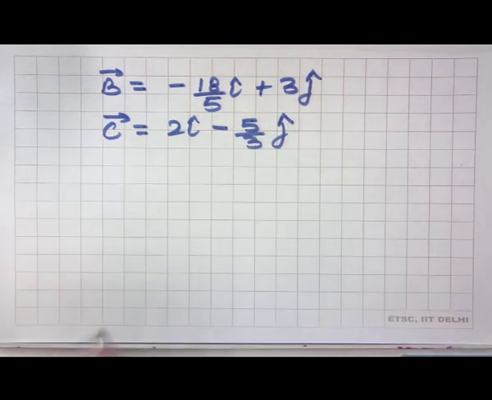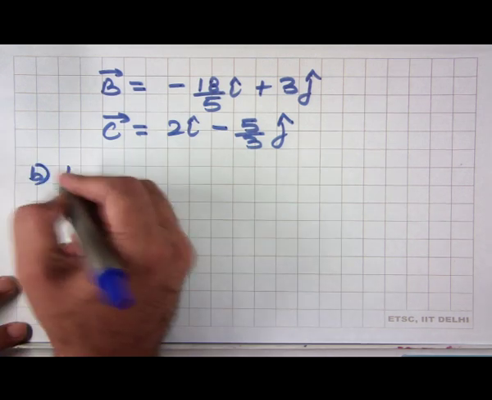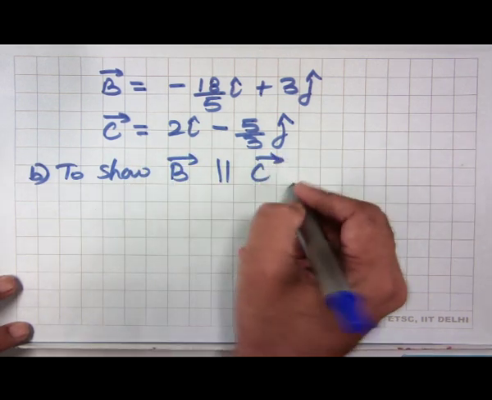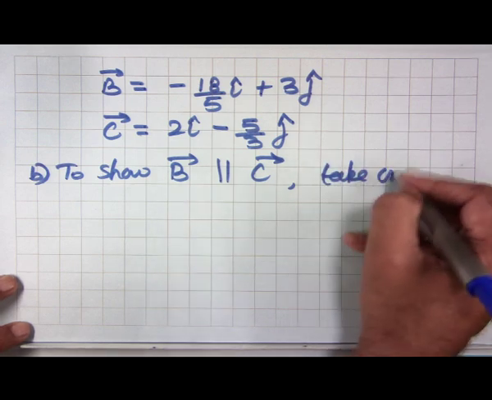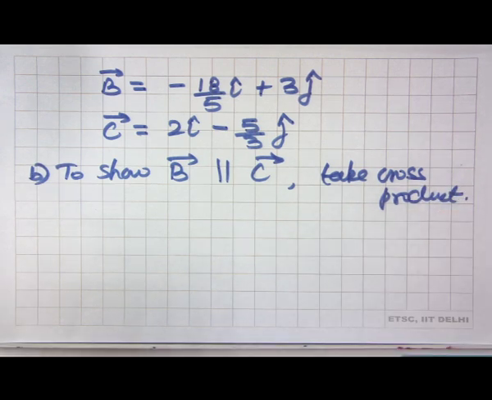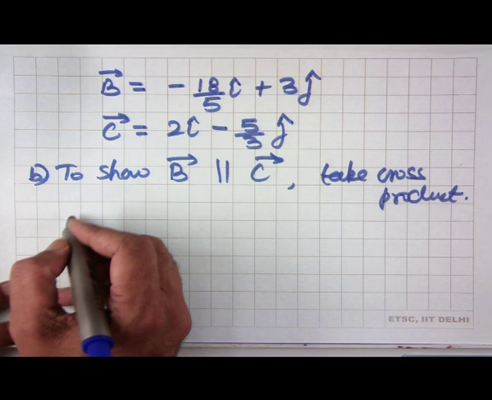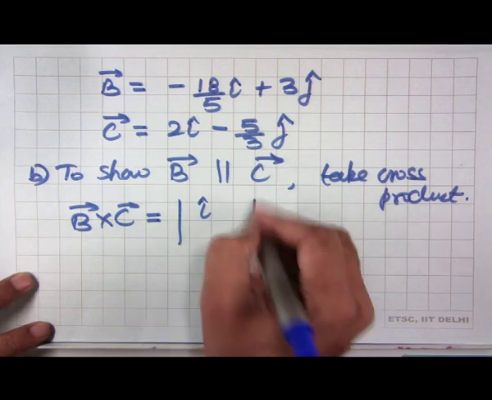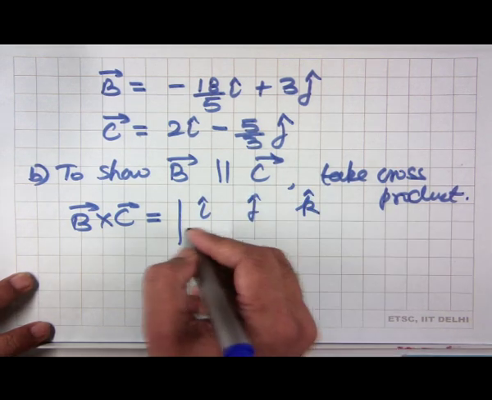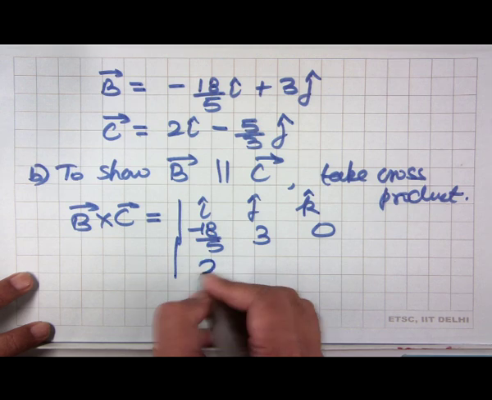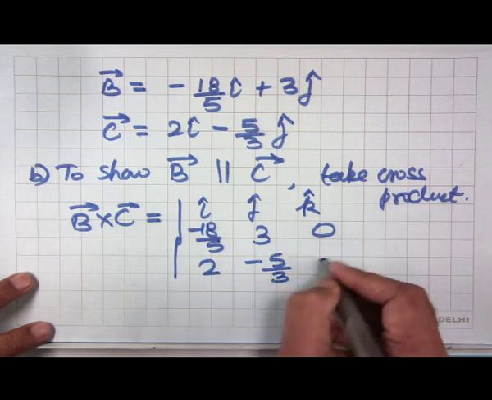Now, to show that B and C are parallel, for part B, we take the cross product. There are many ways of doing it. One way is to take the cross product, so let us first look at that. We take B cross C. That will be equal to this determinant: i, j, k; minus 18 by 5, 3, 0; 2, minus 5 by 3, 0.